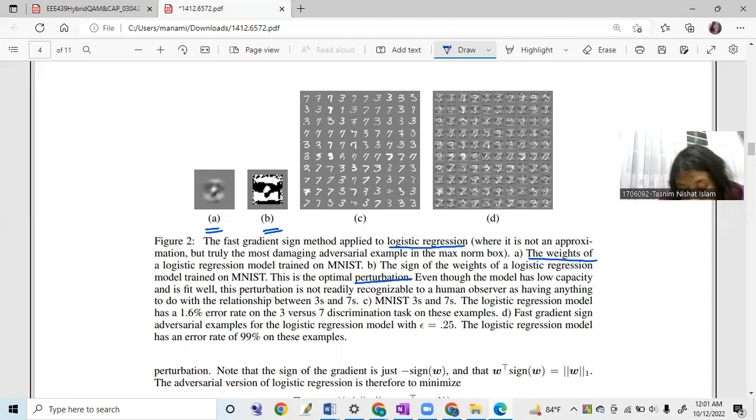So what's happening is I am searching about optimal perturbation.